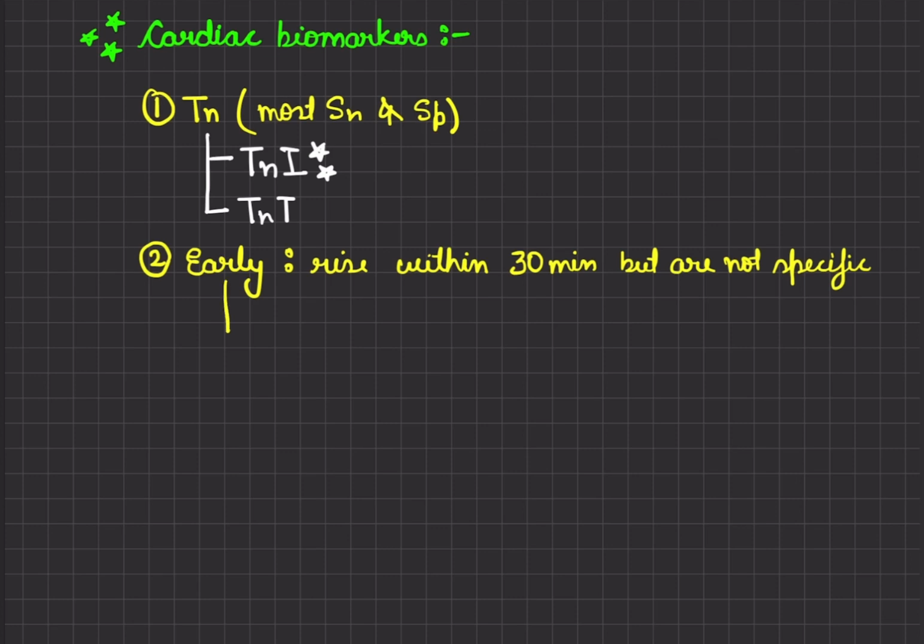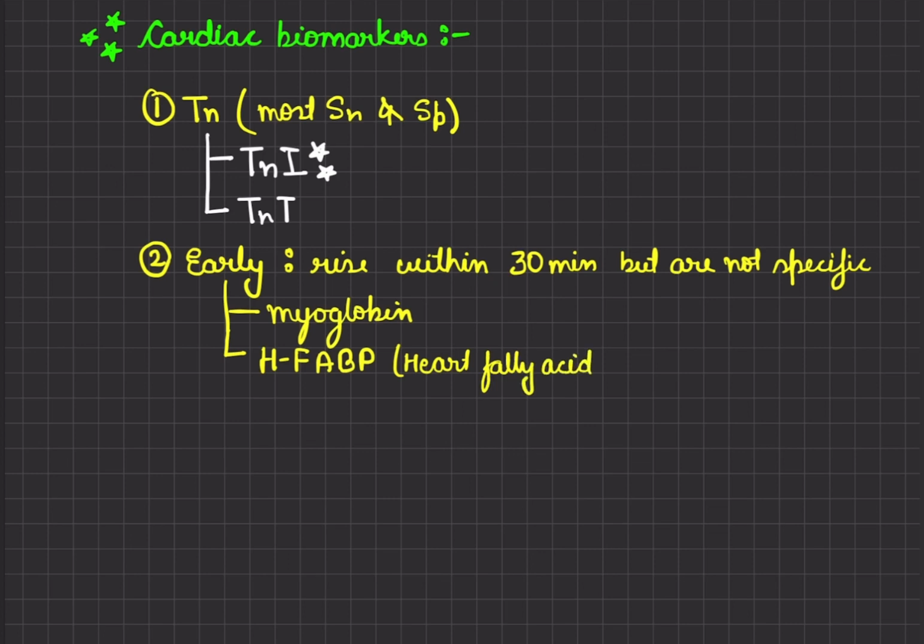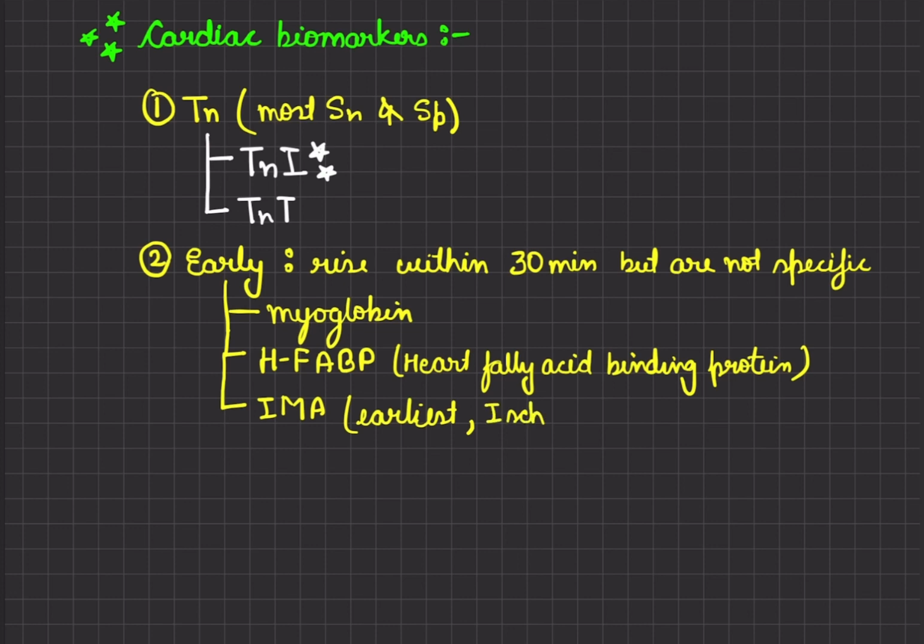Examples of these biomarkers are myoglobin, HFABP, heart fatty acid binding protein, and third one is IMA, which is the earliest, and it is known as ischemic modified albumin.